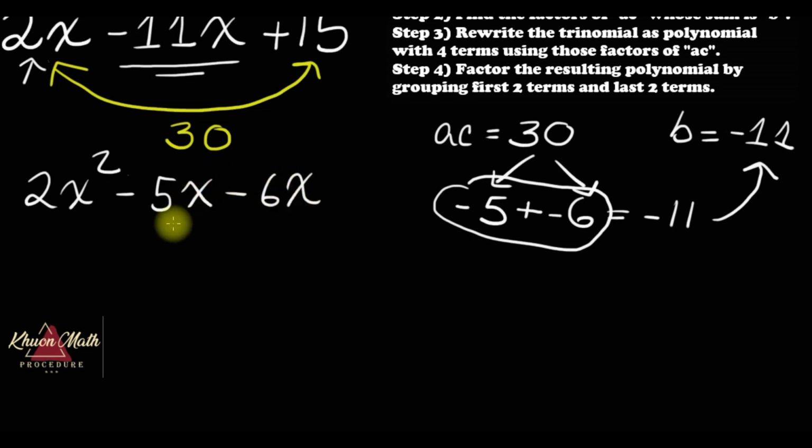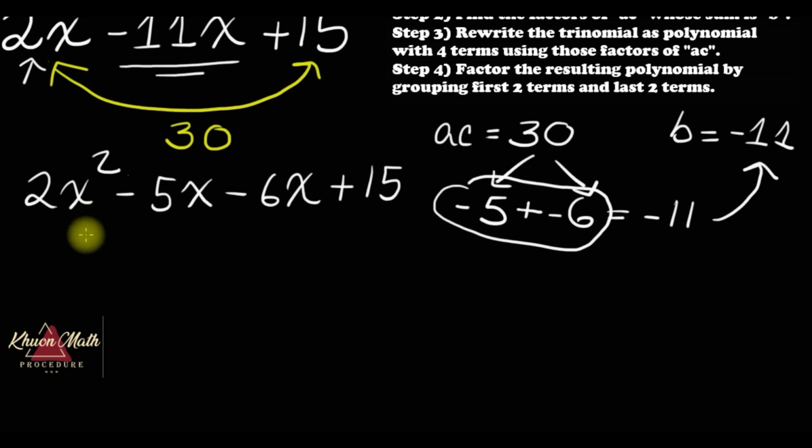It doesn't matter what order you put this in. You can go negative 6x minus 5x, that's okay too. And then we bring down the 15. So that's step 3: rewrite the trinomial with 4 terms using the two factors you found.